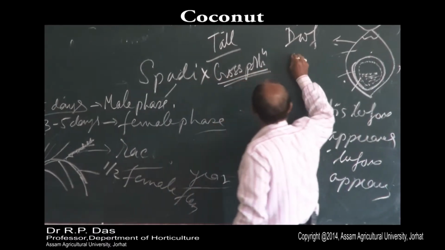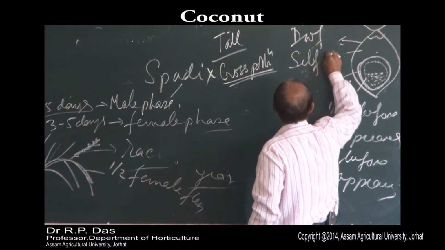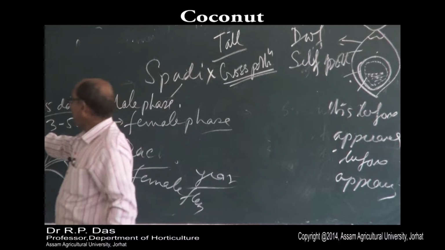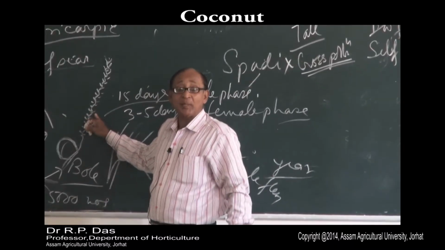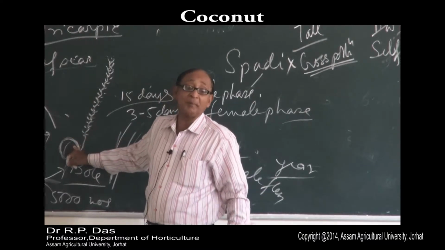But in case of dwarf varieties, it is self-pollinated, because generally 11 to 12 days after opening of the male flowers, female flowers open.